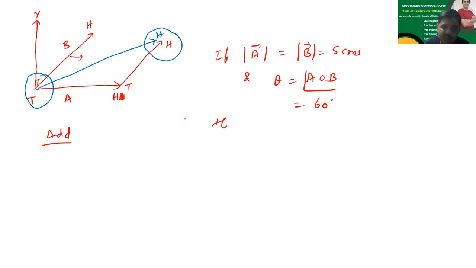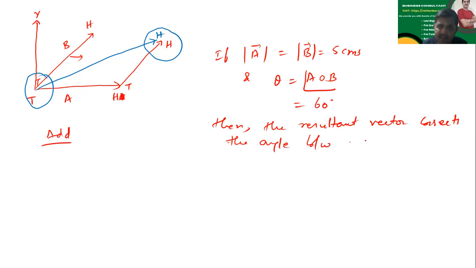Then we observe that the resultant vector bisects the angle between vector A and vector B, which means what?